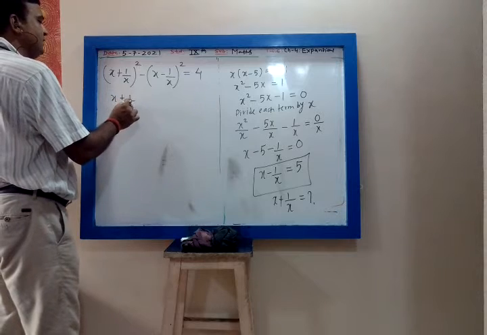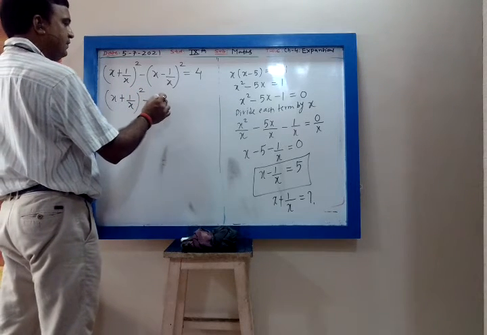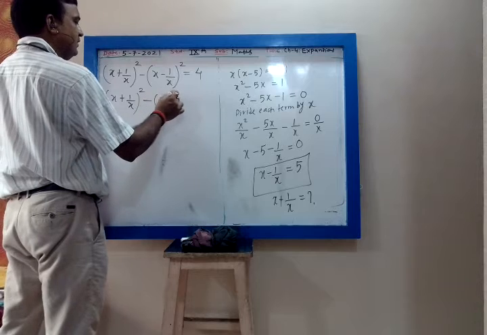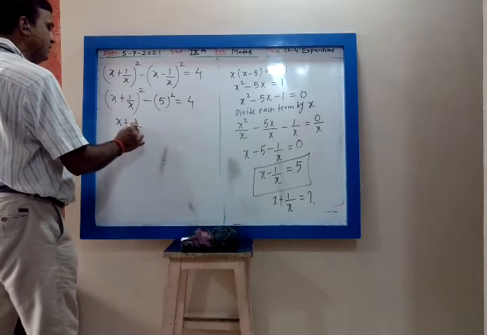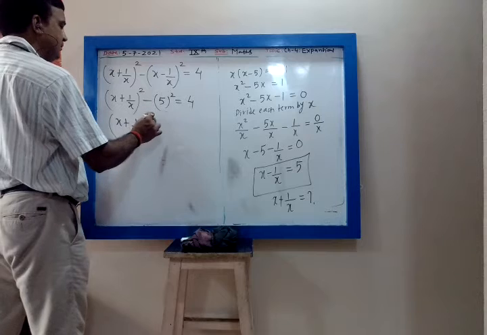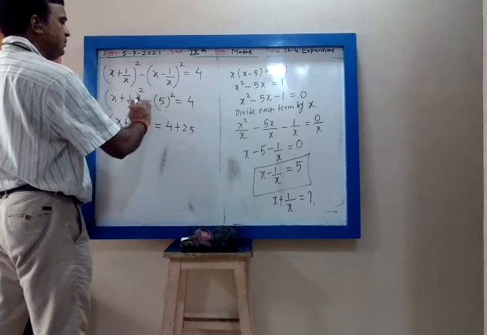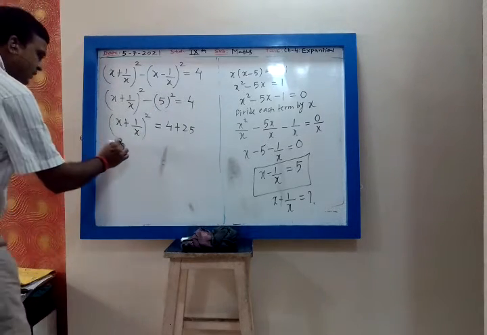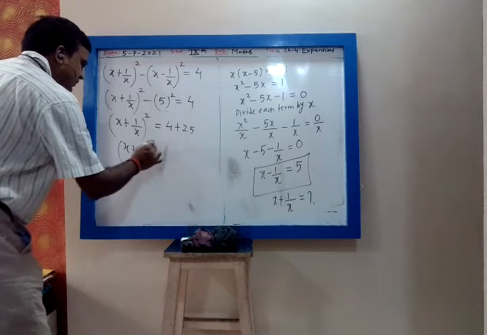X minus 1 upon x is 5, so 5 square, is equal to 4. So x plus 1 upon x whole square is equal to 4 plus 25. I am writing directly 4 plus 25. So x plus 1 upon x whole square is equal to 29.